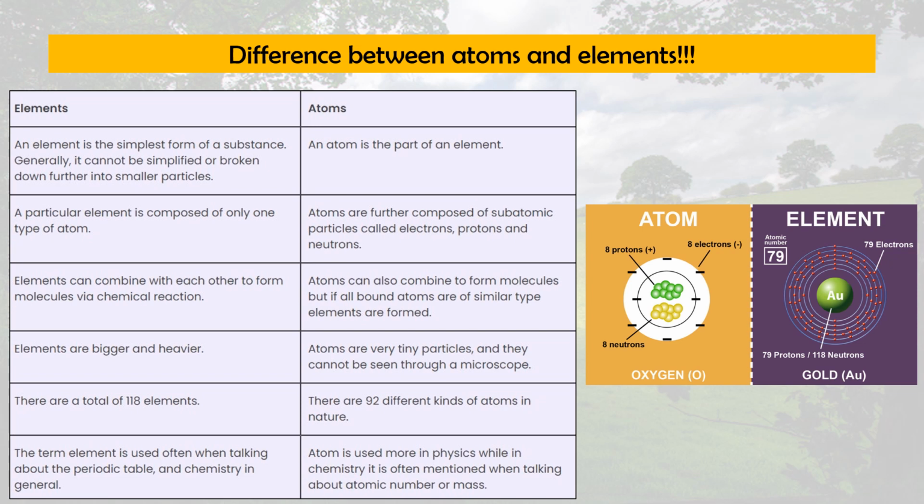But if all bound atoms are of similar type, then we can call it an element. And elements are generally bigger and heavier, but atoms are very tiny particles. Till now, there are a total of 118 elements and 92 kinds of atoms.